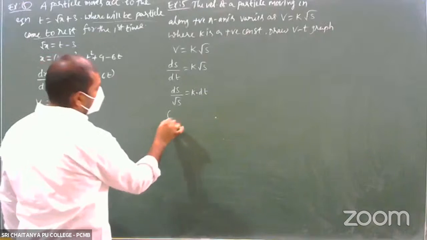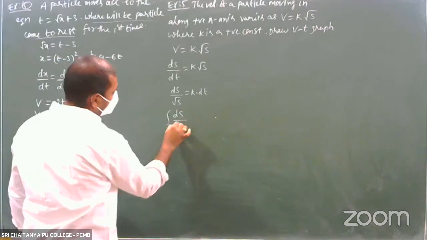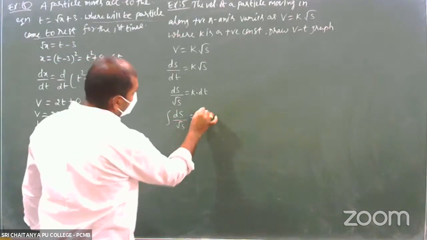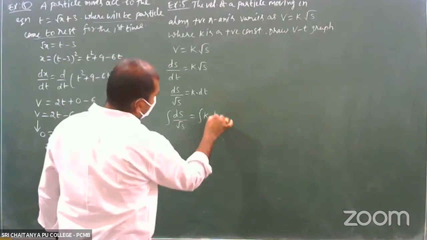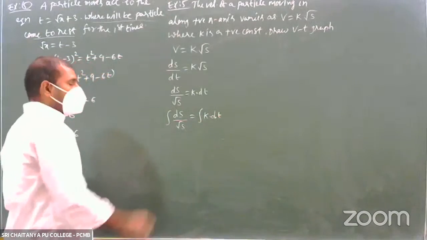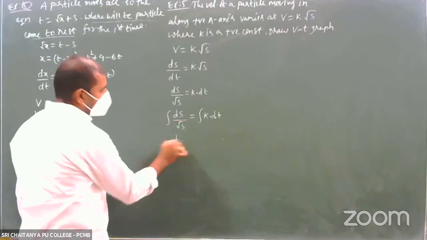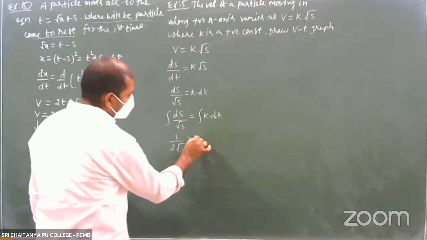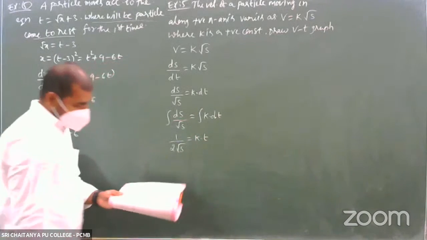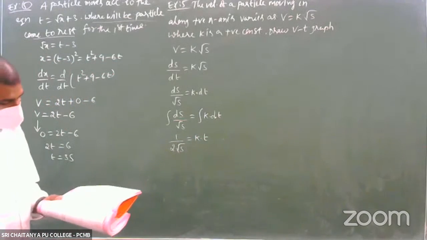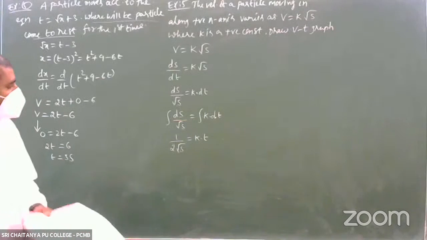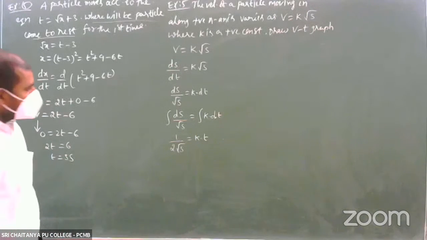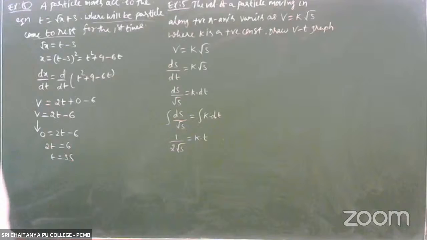Integrating on both sides, integral ds by root s is equal to integral k into dt. Integral dx by root x formula, 2 root x, so 2 root s is equal to k into t. So 2 root s, what you will get?